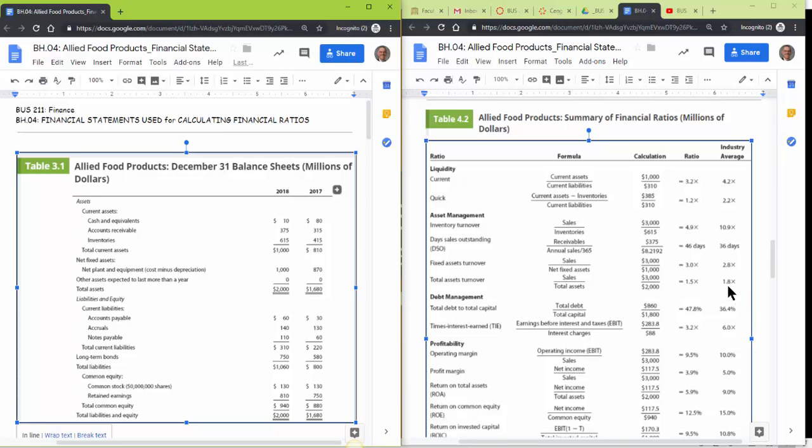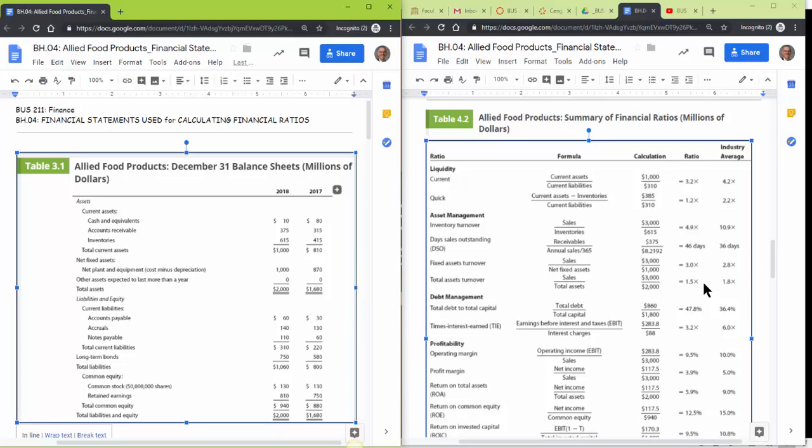Comparing this to the industry, which generates $1.80 in sales for every dollar of assets, that means that Allied Food Products is carrying more accounts receivable and inventory than its competitors do. That hurts the company's cash flow, and that is the general conclusion that we reach with asset management.